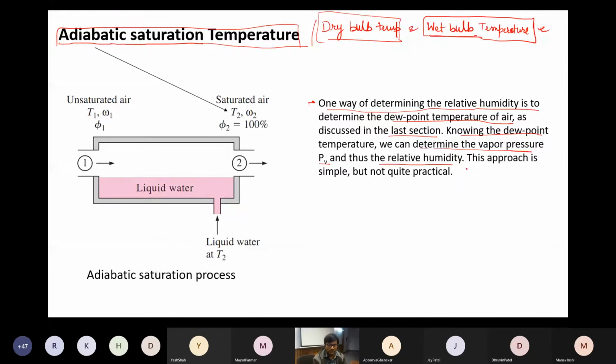But that approach is quite lengthy. There is another way to determine the relative humidity with the temperature data. If we have temperature and pressure data, we can actually get these omega 1 and omega 2. So for that we set up an experimental setup.